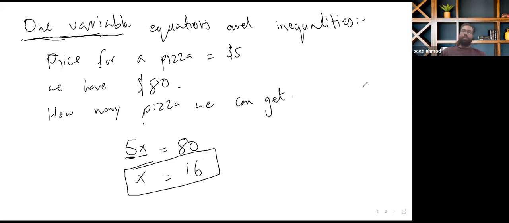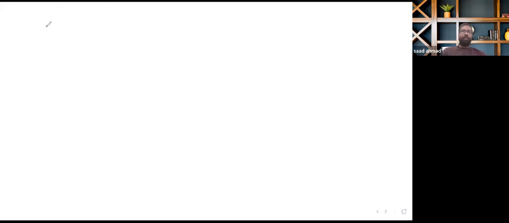All right, similarly with equations, let's say we have x squared plus 4x equals -4. It's also a one variable equation because there is just one variable in it. There is no y. We only see the x.